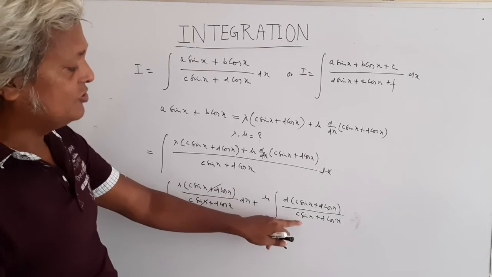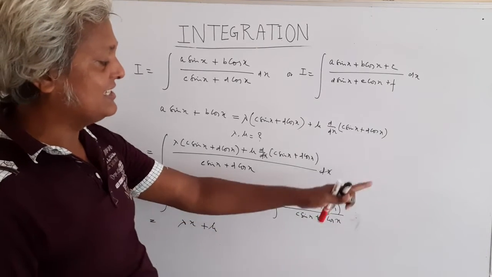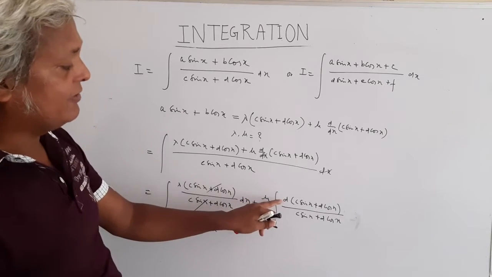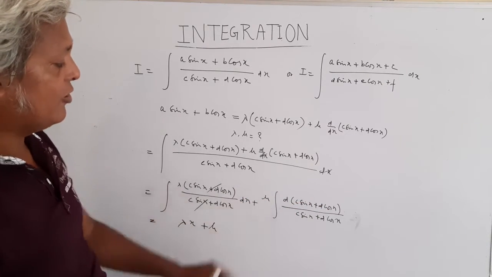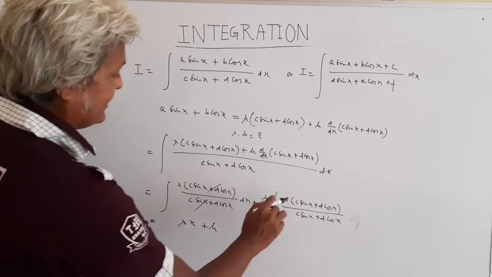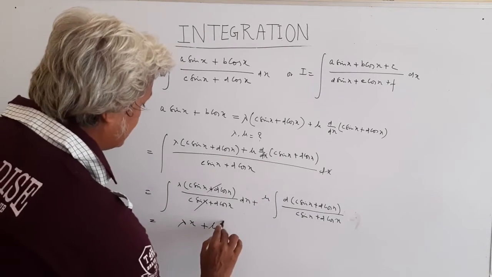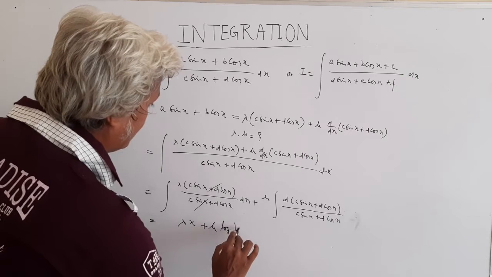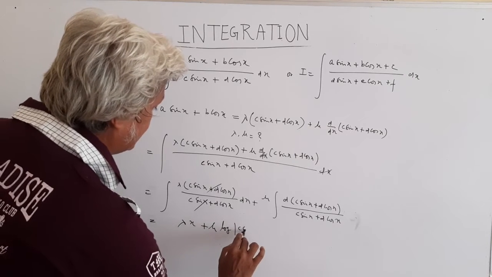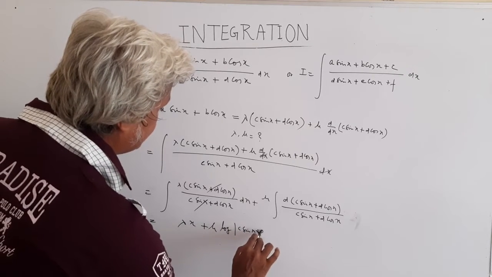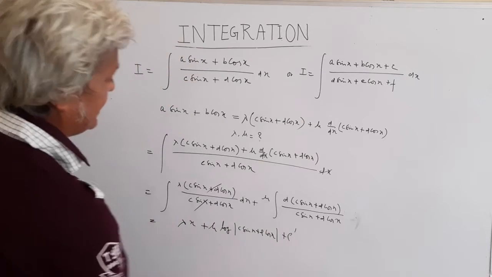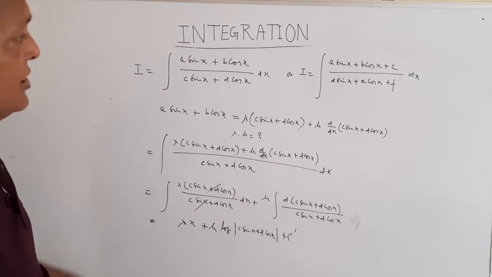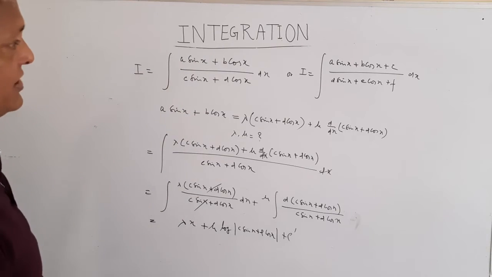If you substitute c sin x + d cos x as t, then it takes the form of mu dt over t, which gives mu log mod t, that is, mu log |c sin x + d cos x|, plus C, the constant of integration. So this is how this question can be solved.